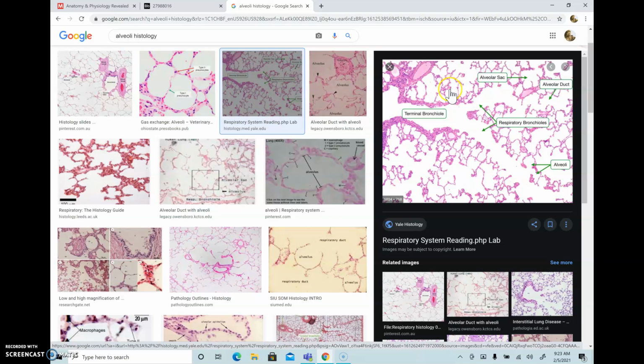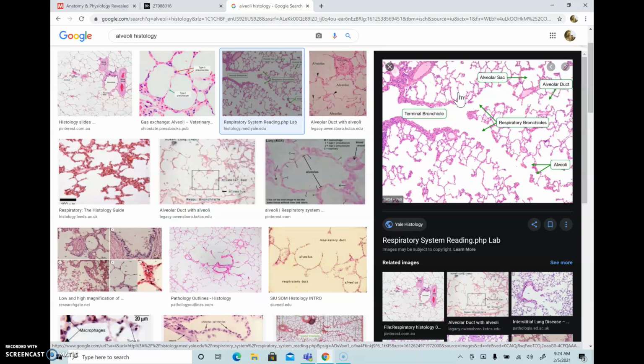These tissues are really, really thin, right? So they allow quick diffusion of gases across the membrane. Just imagine if this was thicker, your gas exchange in the lungs would not be very efficient. You want to exchange carbon dioxide and oxygen really quickly in order to breathe properly, right?